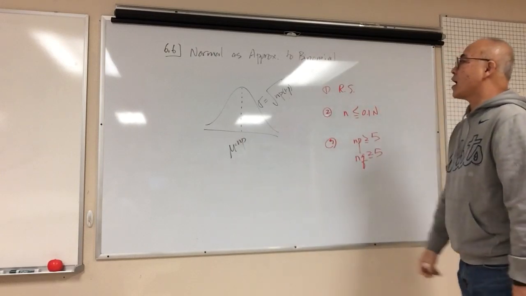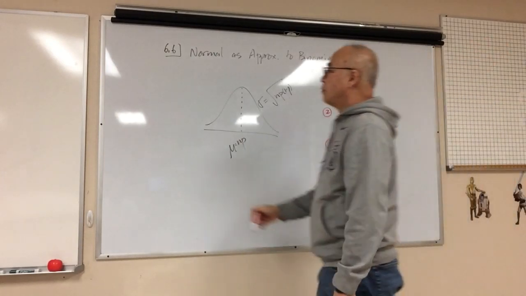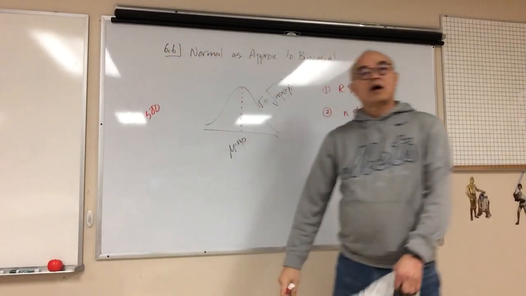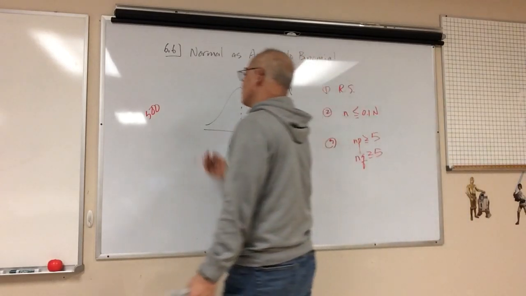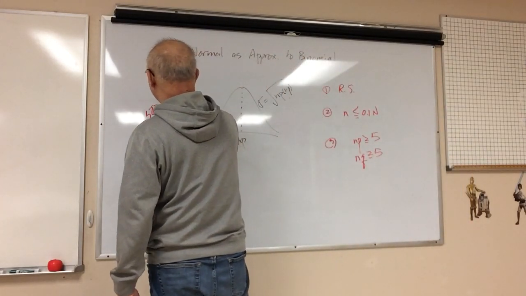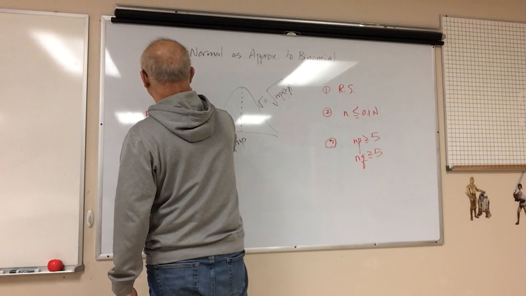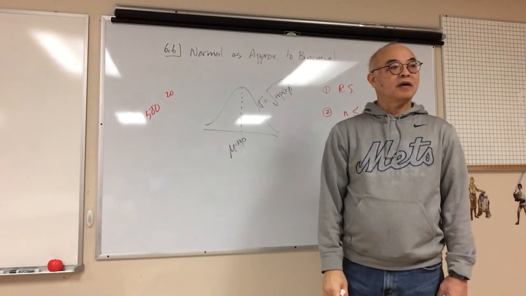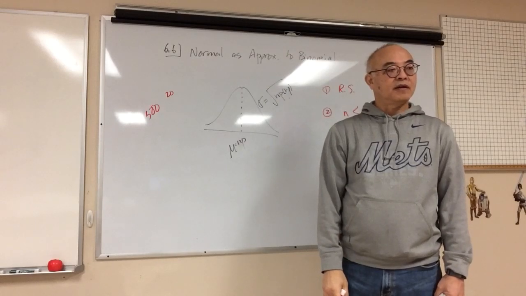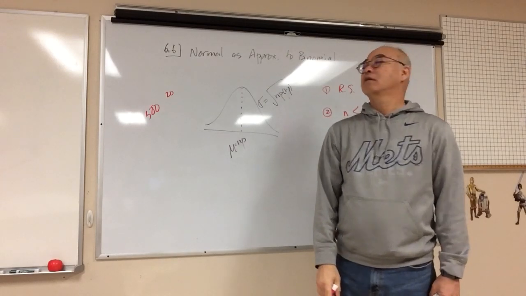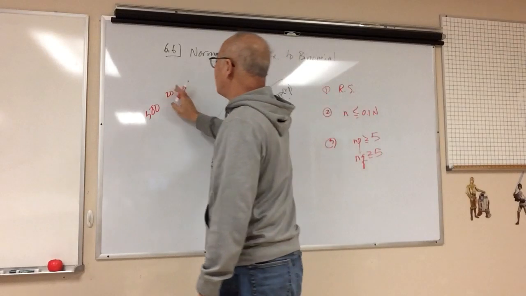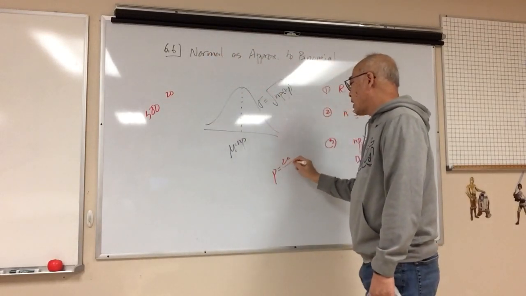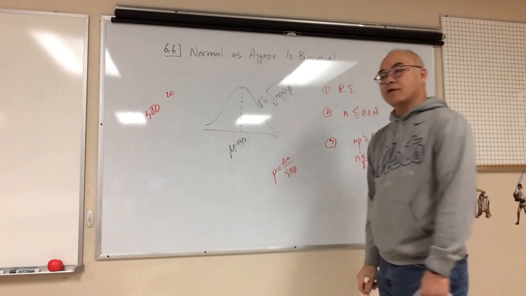So if I drew a sample of 500, and let's say 20 people ended up being left-handed, then the probability of being left-handed would be 20 out of the 500, correct?